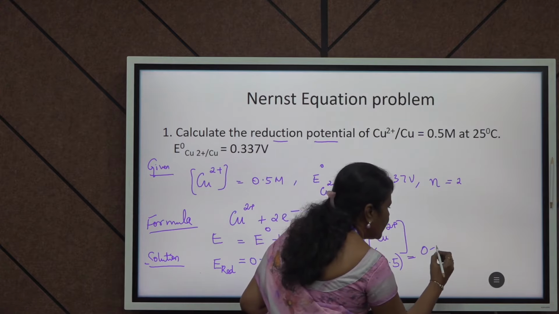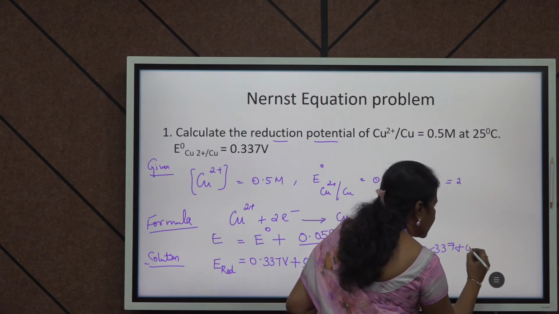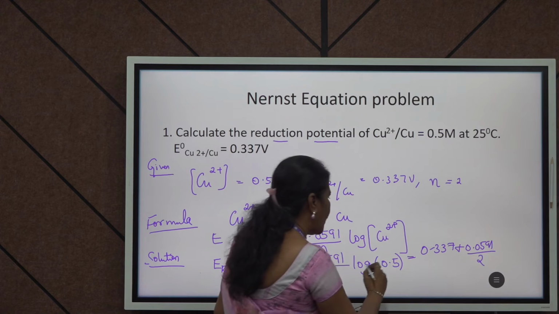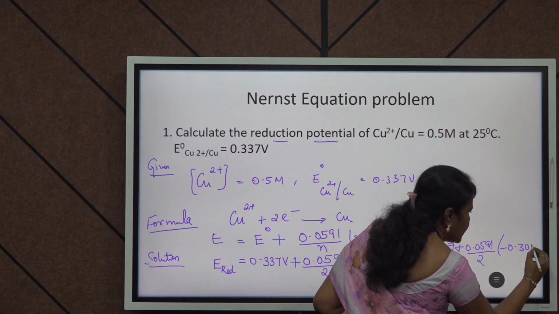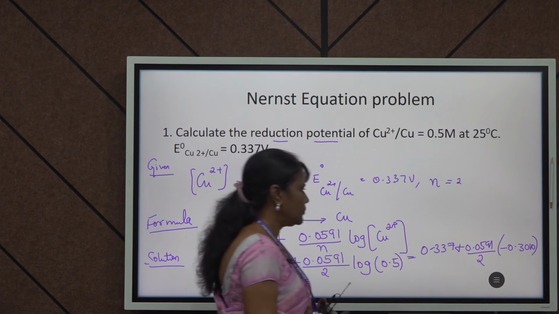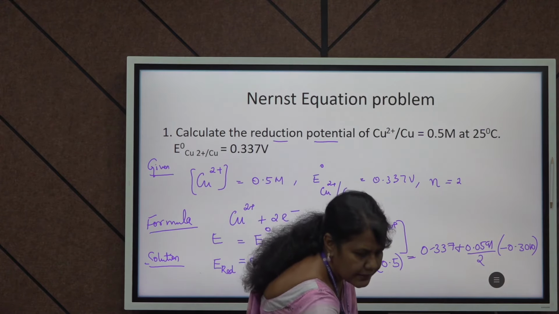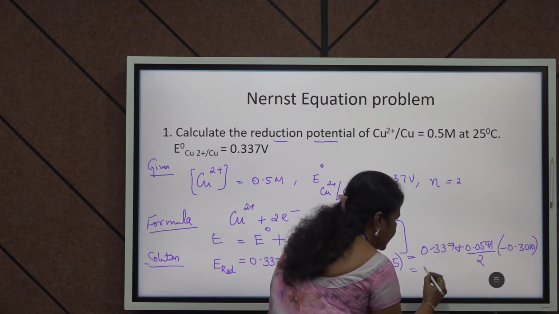Just we are going to do the substitution. 0.337 plus 0.0591 divided by 2, log of 0.5 is minus 0.3010. Now when we simplify this, what we get is 0.337.